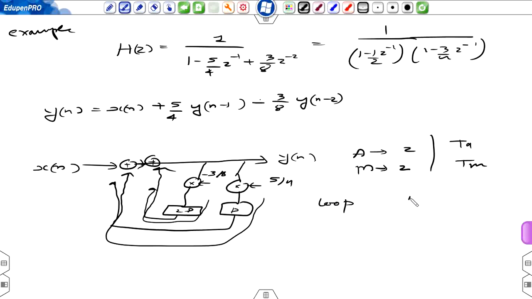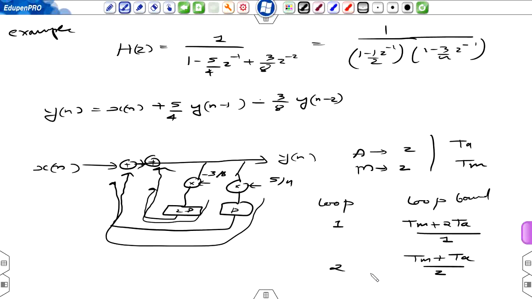So for loop 1, the loop bound is Tm plus 2Ta divided by 1, and for loop 2 the loop bound is Tm plus Ta divided by 2.